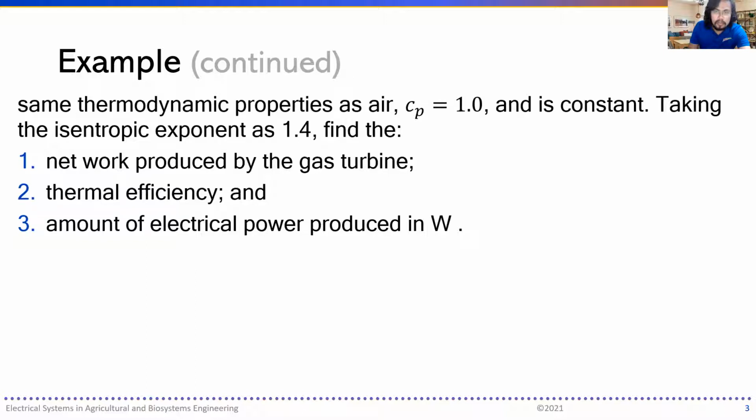Cp equals 1.0 and is constant. Taking the isentropic exponent as 1.4, we are asked to find the net work produced by the gas turbine, its thermal efficiency, and the amount of electrical power produced in kilowatts.